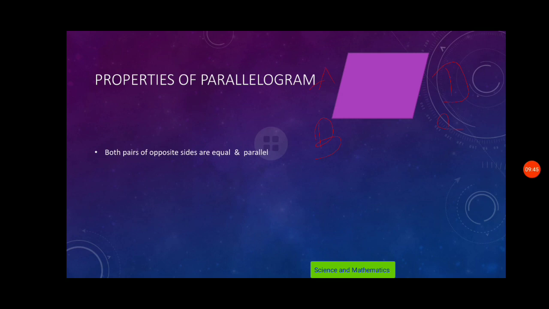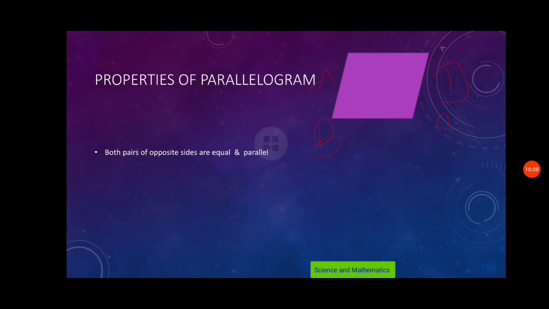So AB is equal to CD, and AB is also parallel to CD. Likewise, AD is parallel to BC and AD is equal to BC. Like this, opposite sides are parallel and also equal.